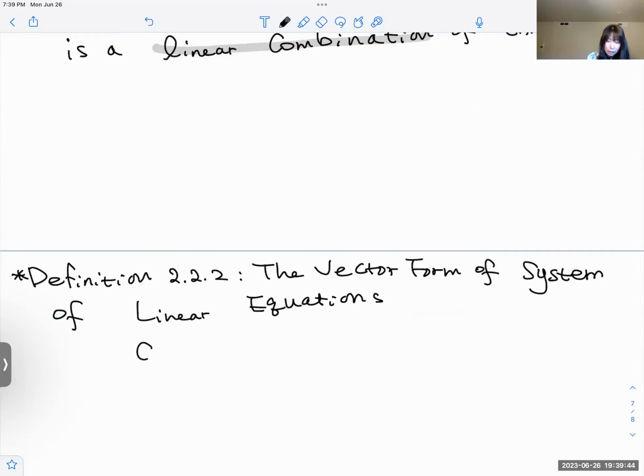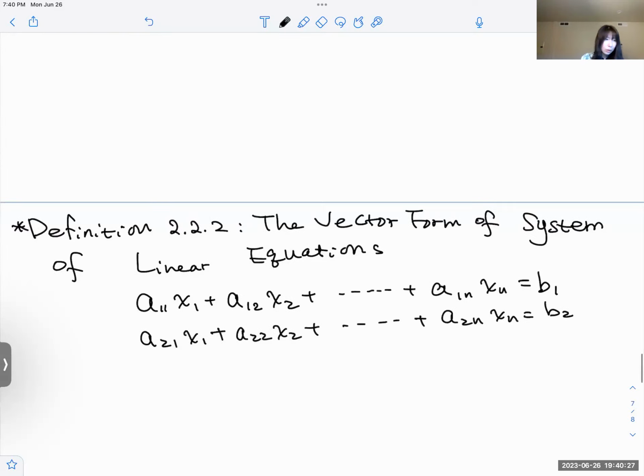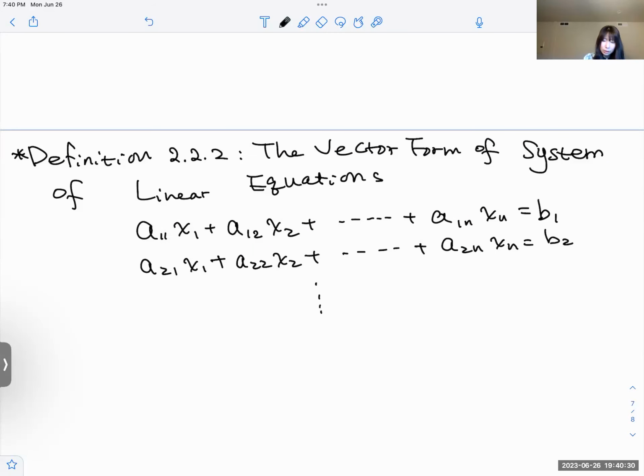Okay, so we have a11 x1 plus a12 x2 and so on up to a1n xn, and on the other side the constant term, which is b1. Now a21 x1 plus a22 x2, up to a2n xn equal to b2.